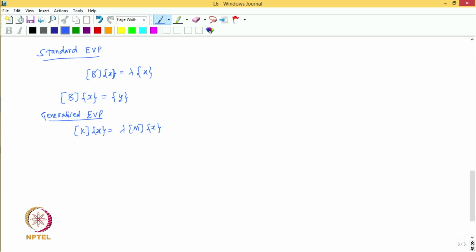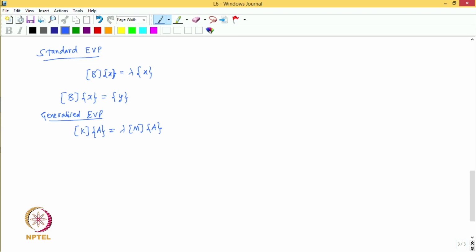Of course, here we have used the vector as A, not x. So, let me write that here. Okay. So, this is the generalized eigenvalue problem.